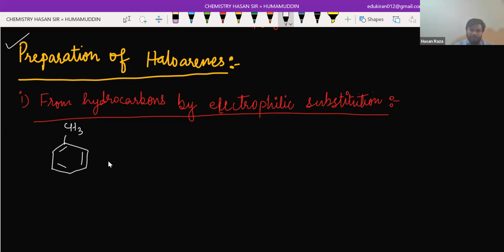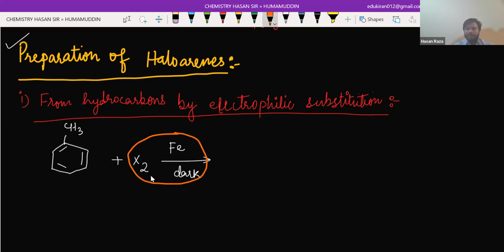This is your methyl benzene. And if you are going to react this with X2 in the presence of iron dark, that means the reaction is carried out in cold. The temperature is low.